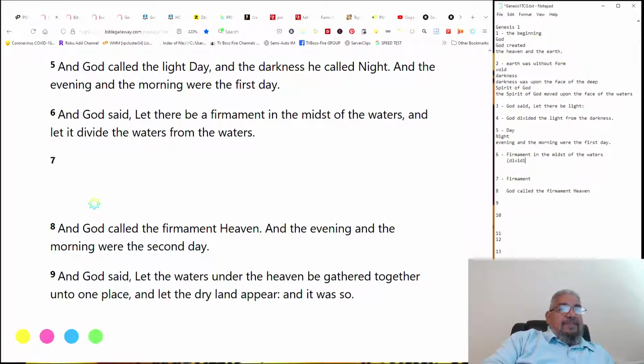So the graphic will be one of dividing the waters above from below, like that. So that's just a reminder, a note, and it's really for your benefit, not for mine, because I know what the firmament in the midst of the waters is. And then verse 7 is the firmament itself that God created. God made the firmament.